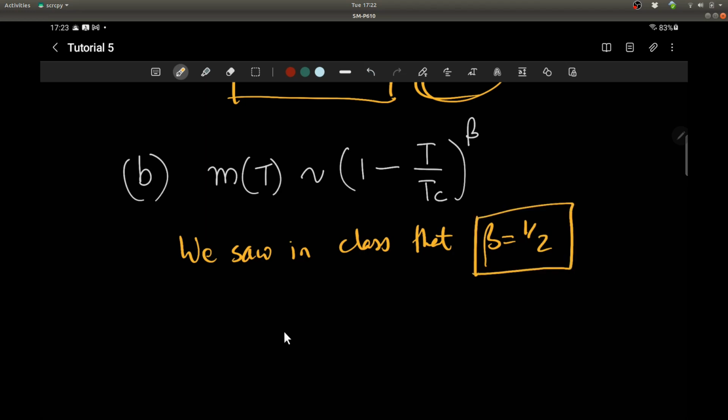Okay, is this fine? So in this case, really it is beta minus, because for t greater than tc, it is 0. So beta plus is 0.